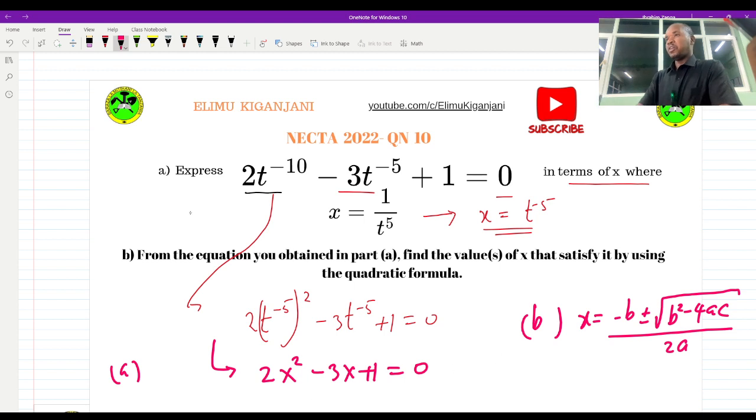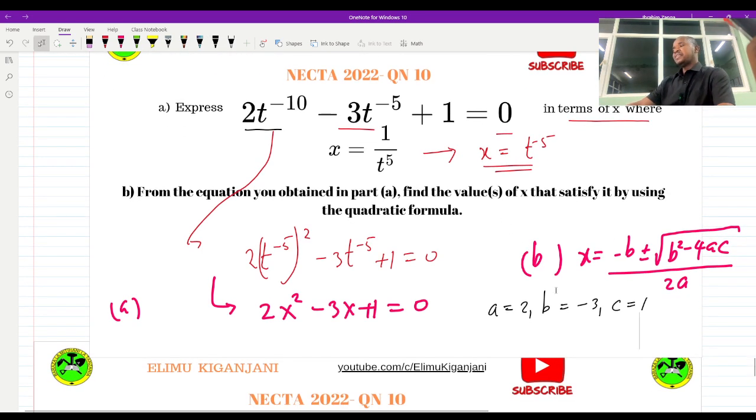So you identify the values of the coefficients: a equals to 2, b equals to negative 3, and c equals to 1.